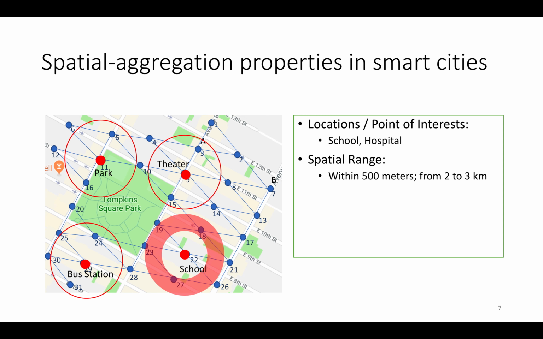For example, within 500 meters or from 2 to 3 kilometers, the air quality within this range should satisfy some requirement. More importantly is the aggregation, because we don't want to check the property at one single location. The requirement always specifies something like all locations, or the average emission within 500 meters, or a counting operation like 90% of roads should have no congestion.